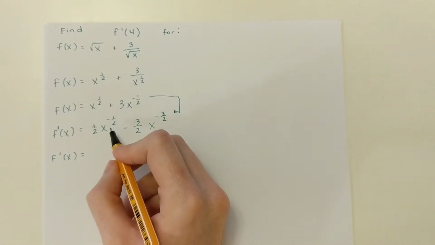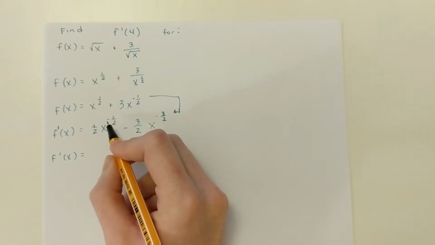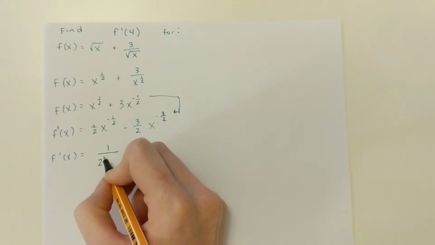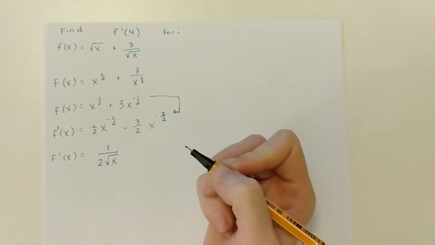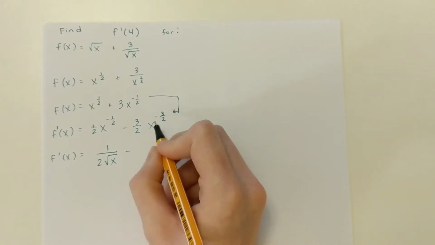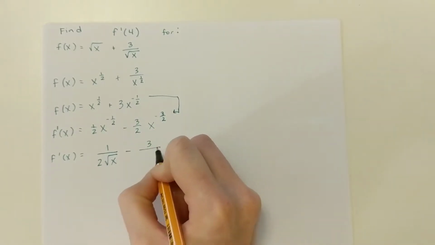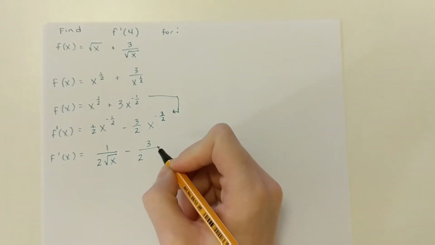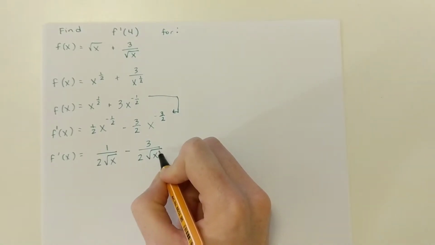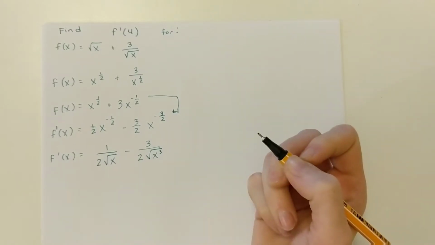We've got a negative exponent. So this is currently in the numerator, so let's put this in the denominator. So we have 1/2 square root of x minus, and again, we've got a negative exponent, so this is going to go in the denominator, 3/2, and we've got radical x, and x is to the 3rd power.